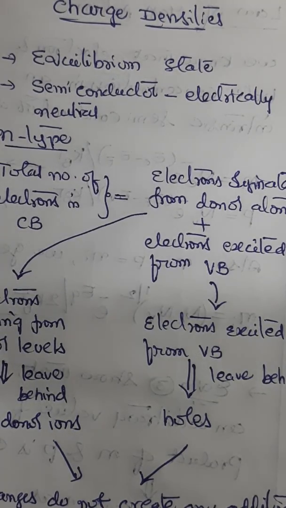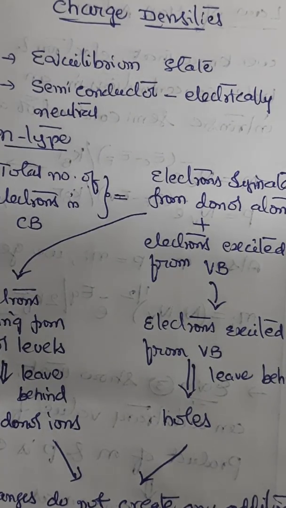If you look at charge densities, normally a semiconductor, whether intrinsic or extrinsic, is generally an electrically neutral body in equilibrium condition. A semiconductor, irrespective of its type, intrinsic or extrinsic, is an electrically neutral body at equilibrium.